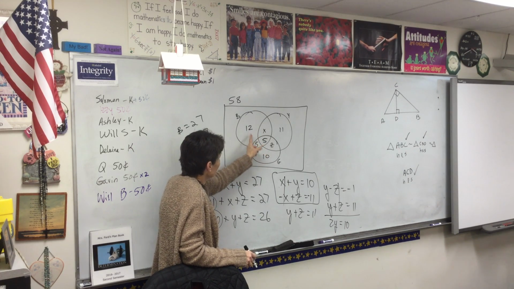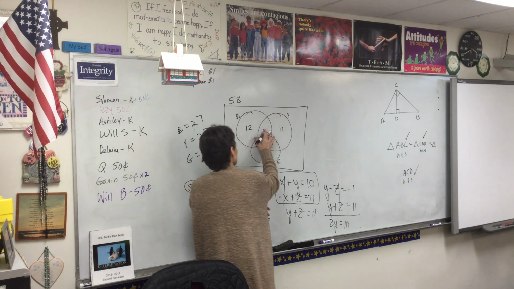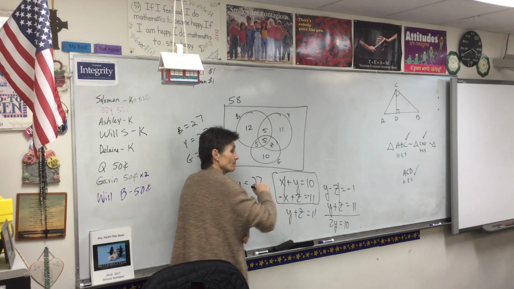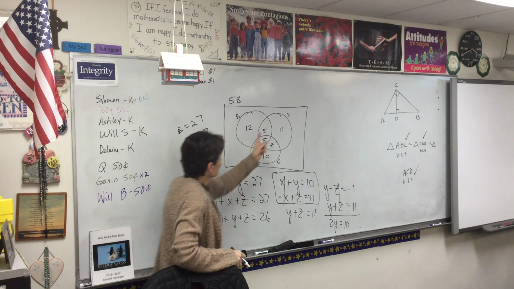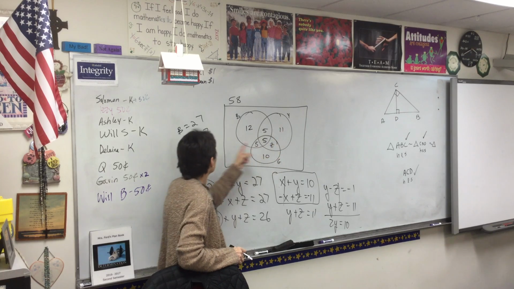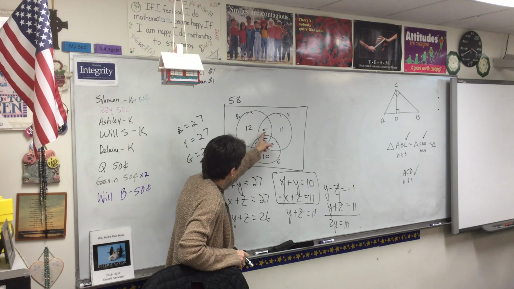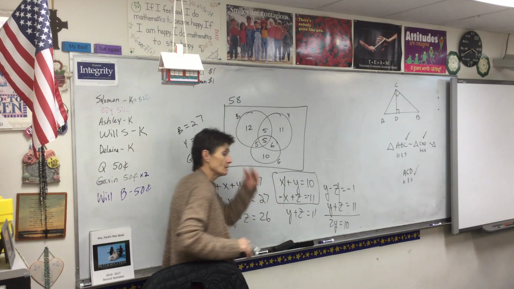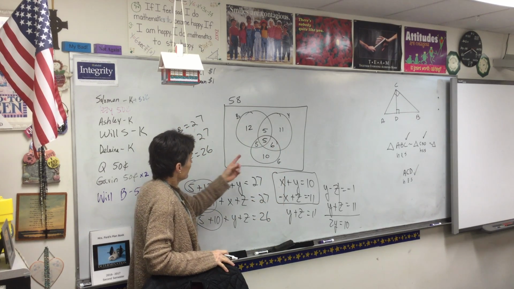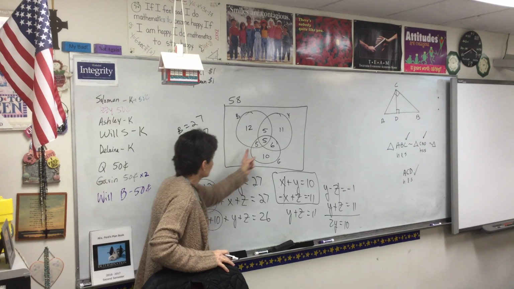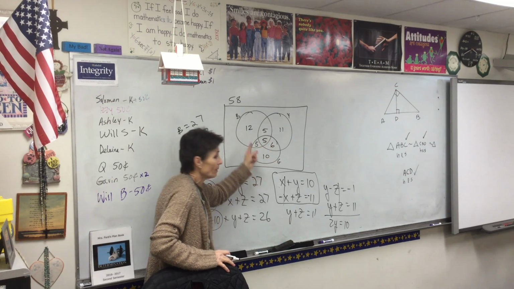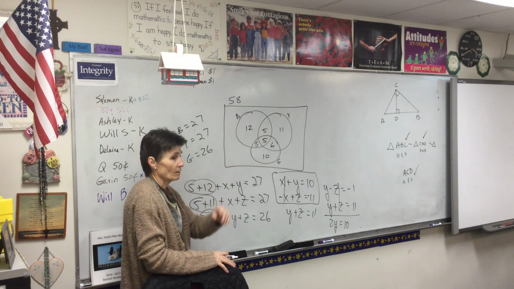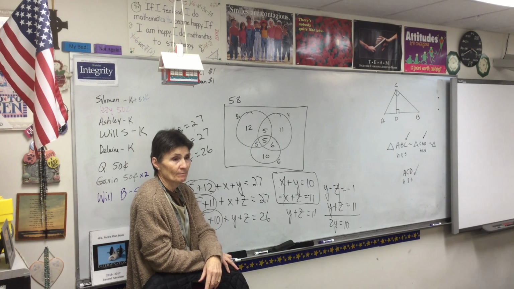Right here you have 22, so this also has to be 5, doesn't it? And then this also has to add up to 27, and you've got 21, so is that 6? And then to check myself, this one has to add up to 26, does it? Yep. So there it is. All the pieces filled in.